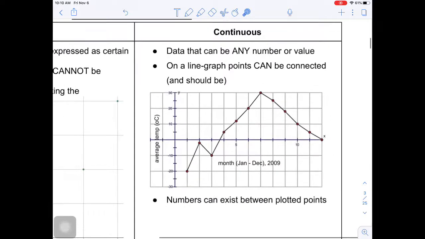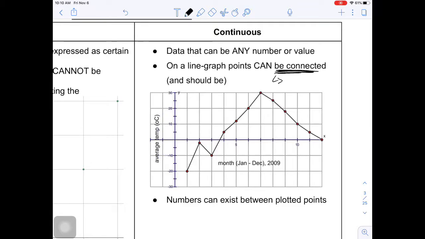Continuous is a little different. It's data that can be any number. Okay, so on a line graph, these points can be connected. Okay, they can be connected because the points in between our data values can exist. So here, let's see here. We have average temperature.